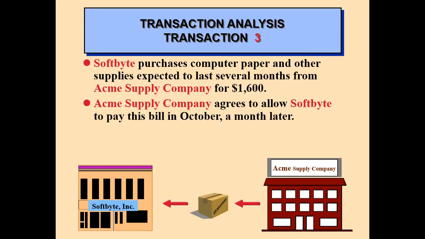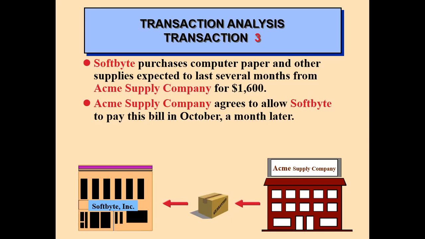This is a creditor. It is purchased on credit, right? It was bought on credit, so we'll pay that money on a future day, and we call it accounts payable.